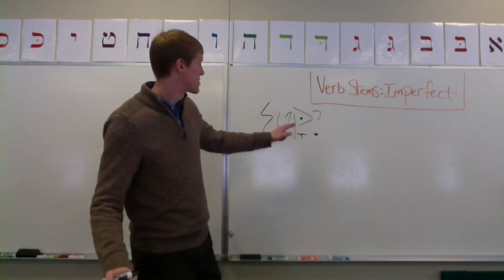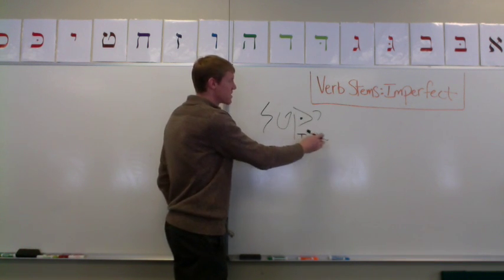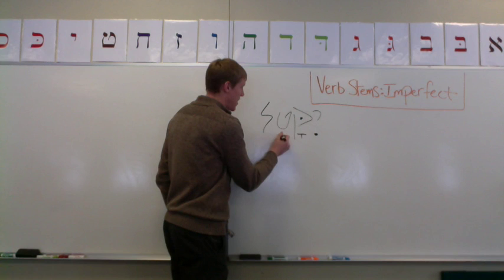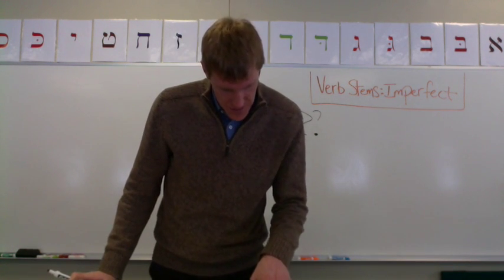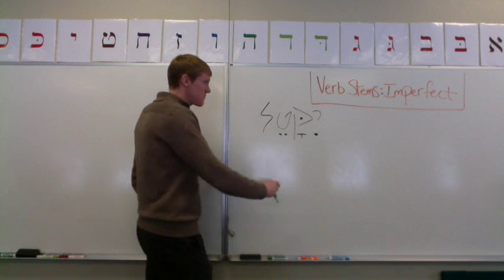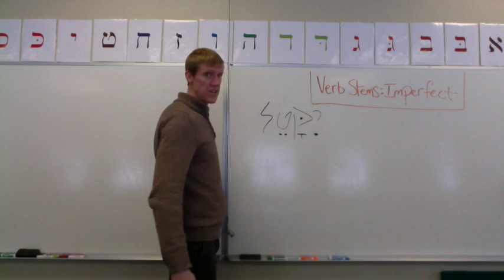So instead of closing the syllable, you have a long syllable created here with the qamets. Yi, ka, and then your last syllable, I believe, is, yes, tsere. Yikatel. Yikatel is our Niph'al.